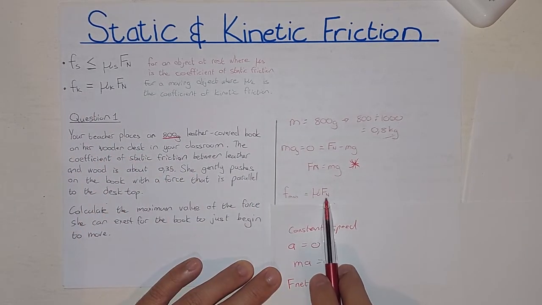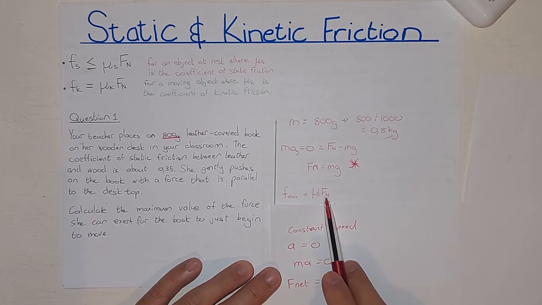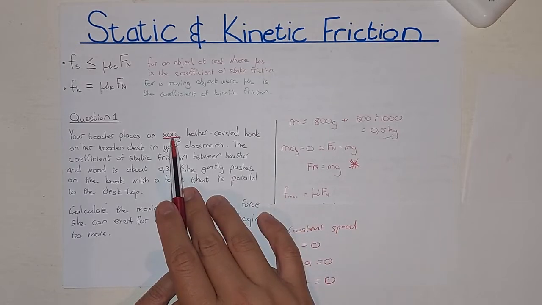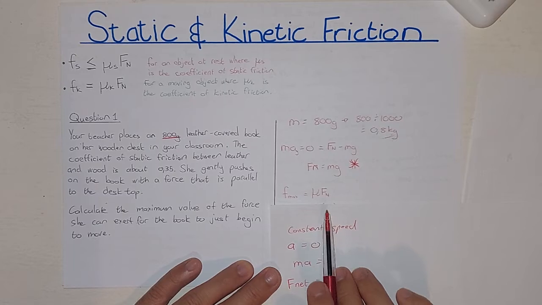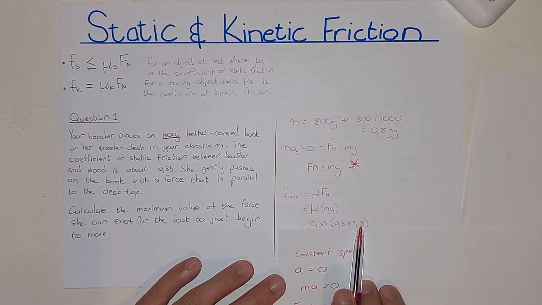So you can see coefficient times Fn. Now, I've got my value for my coefficient. What is my value? 0.35. And my Fn, I don't have a value for my Fn, but I do have my value of mass, which is 0.8 kilograms, and I do have g, which is a constant, 9.8.